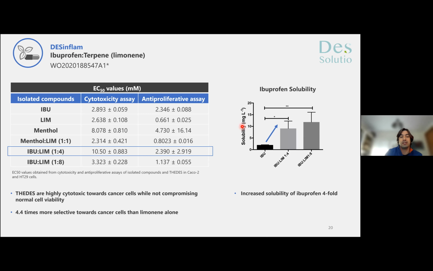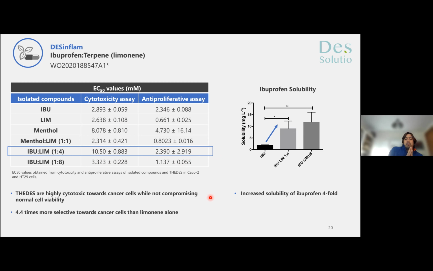Here you can see the EC50. The lower value means a lower concentration is needed to kill the cells. So it is much more active towards killing cancer cells than killing normal cells, and what we don't want is for it to be toxic. So what we have here is a drug that is very effective towards cancer cells.